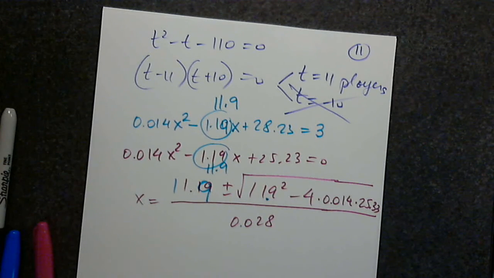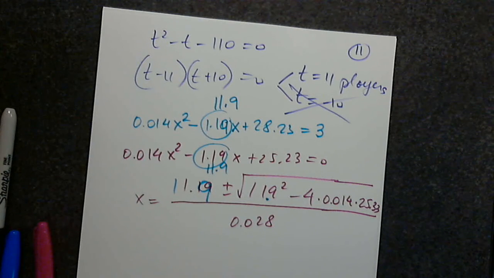Okay. 1.19 plus the square root of 1.19. It cannot be. Minus 4 times 0.014 times 25.23. Close the parenthesis and close the parenthesis for the top. And then divide by 0.028.